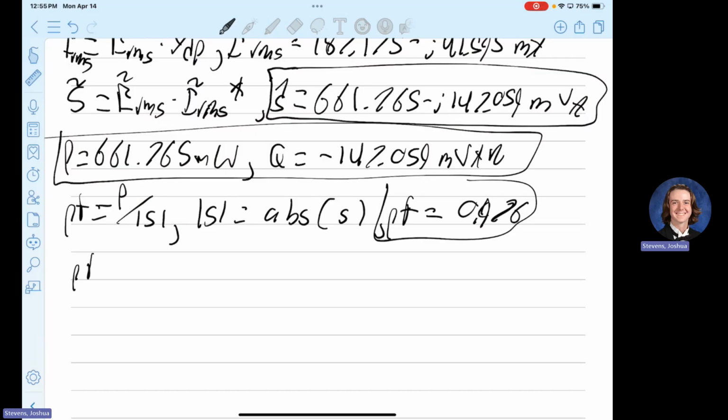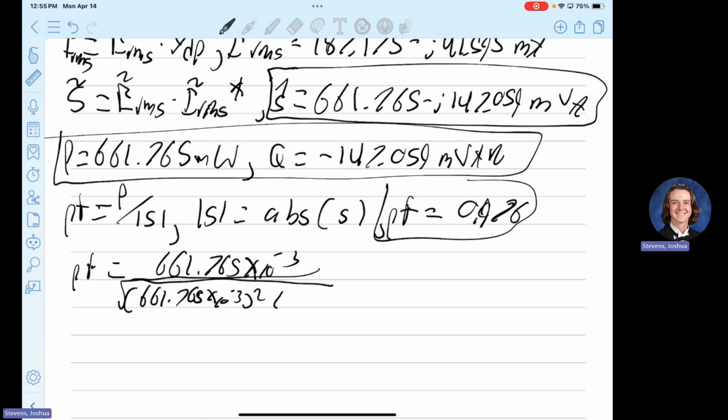Also, you could write this out: 5 times 10 to the negative 3 squared plus negative 147.059 times 10 to the negative 3 squared.